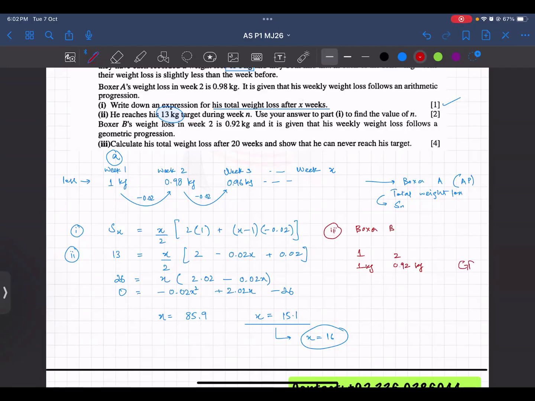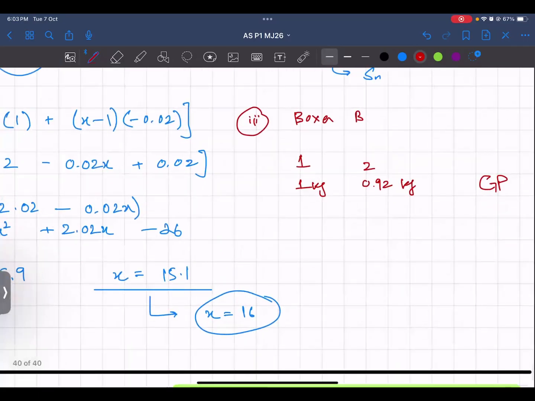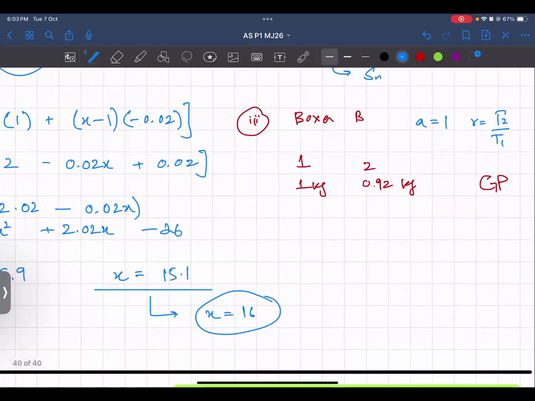So now this is the GP. Calculate his total weight loss after 20 weeks and show that he can never reach his target. So what is the value of R? Your A is 1 and your R is T2 upon T1, the ratio, which is 0.92 divided by 1, which will be 0.92.